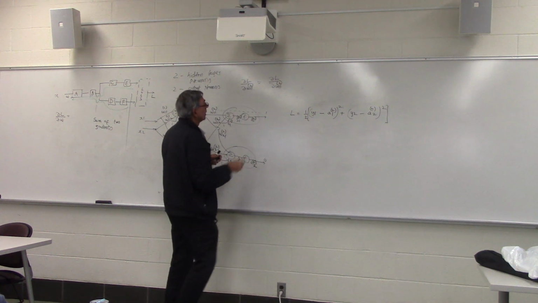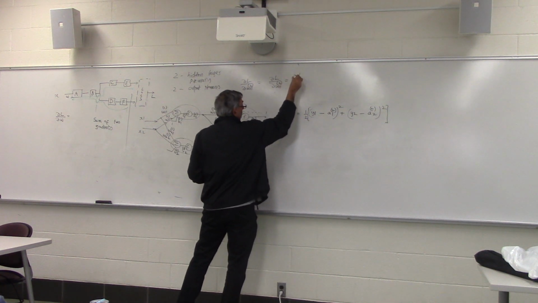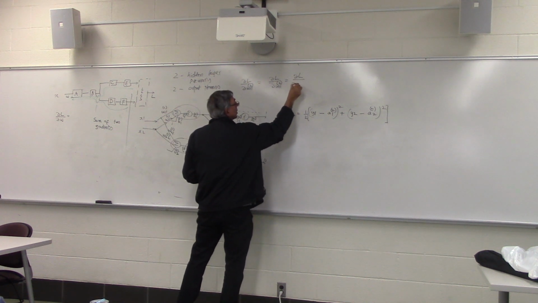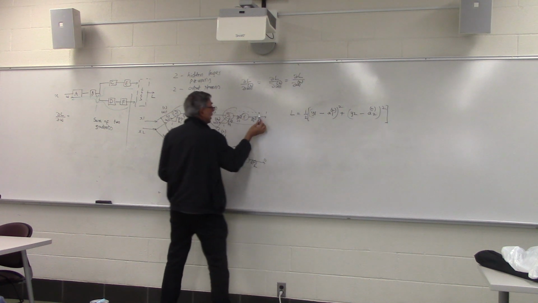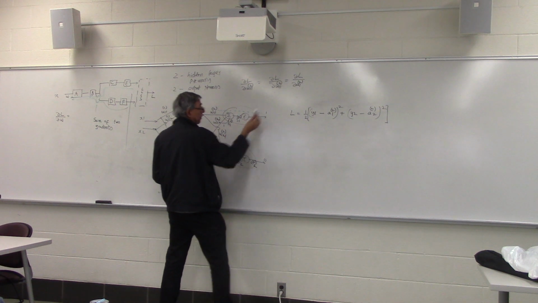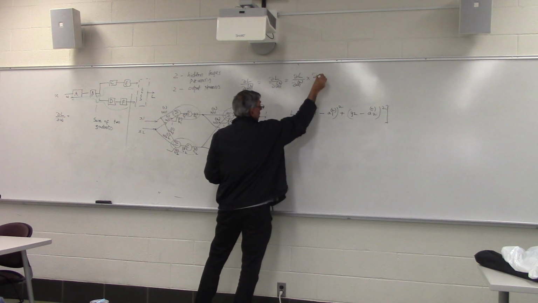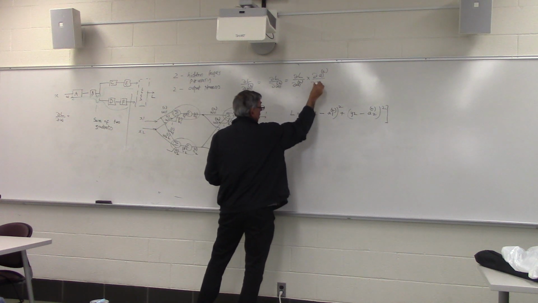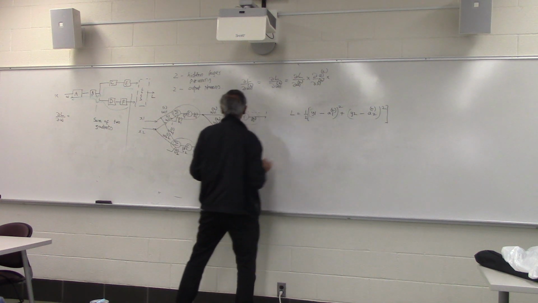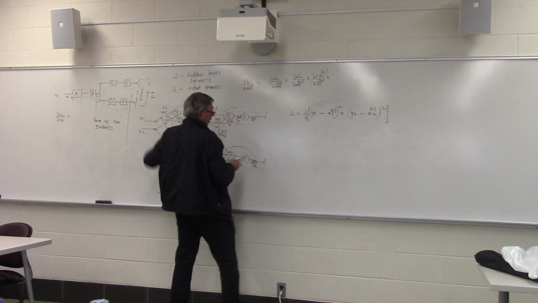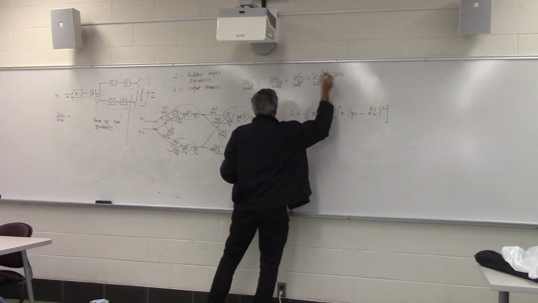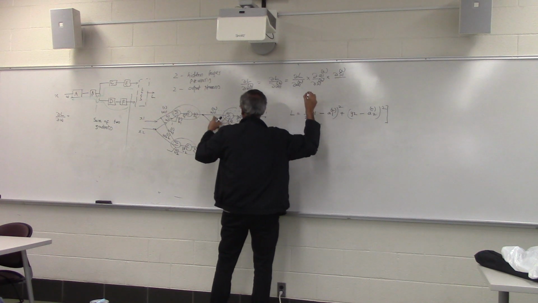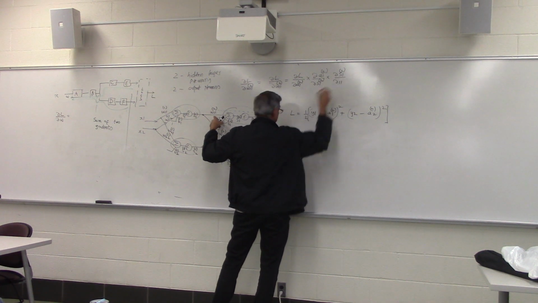Okay, so as we write this, this will be partial L over partial A1 of 2, right? From here to here. Then partial A1 of 2 over partial S1 of 2. Then partial S1 of 2 divided by partial W11 of 2.